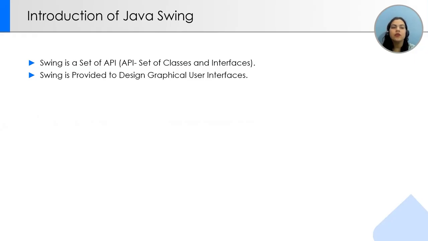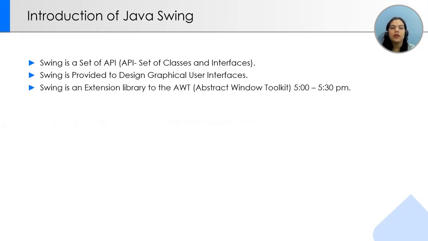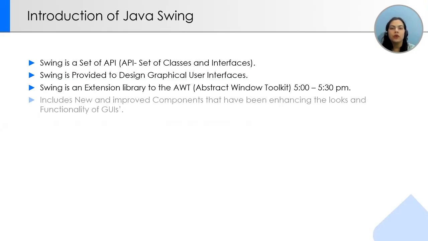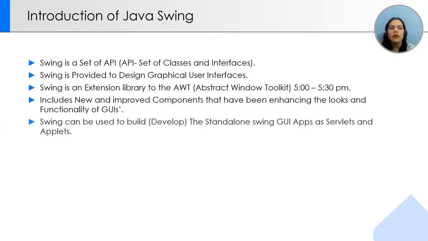Swing is provided to design GUI, that is graphical user interface, and Swing is an extension library to AWT, that is Abstract Window Toolkit. It includes new and improved components that enhance the looks and functionalities of GUI. Swing can also be used to build standalone applications.